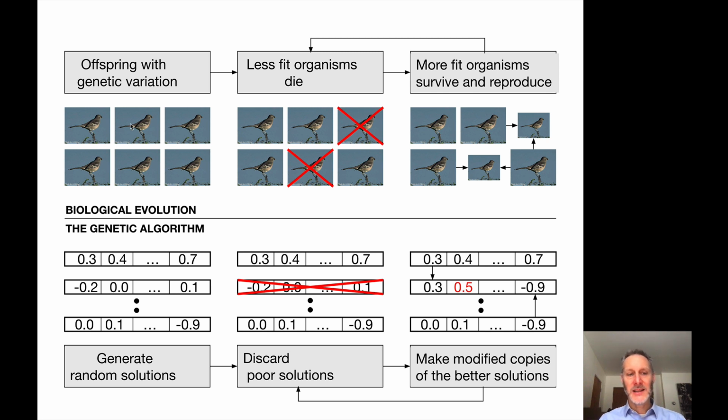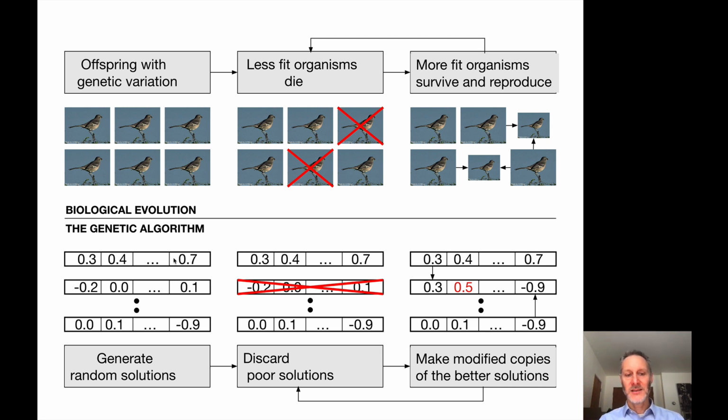We're going to replace our organisms in this simple example with vectors of numbers, where these vectors of numbers represent a solution to some problem. We haven't defined that problem yet, but instead of a population of organisms, we have a population of candidate solutions. These are random guesses at the beginning.